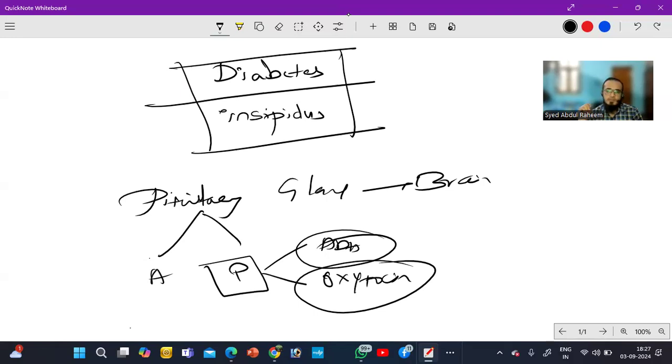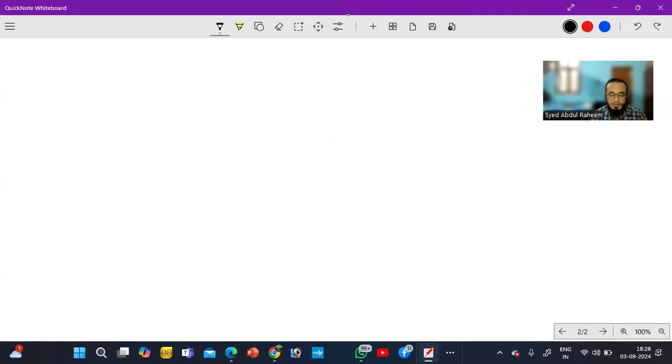It will stop it and absorb back the important fluid which is excreted in the urine, so our body maintains the fluid. Then everything will be in a balanced condition, equilibrium. So what will happen in this case?